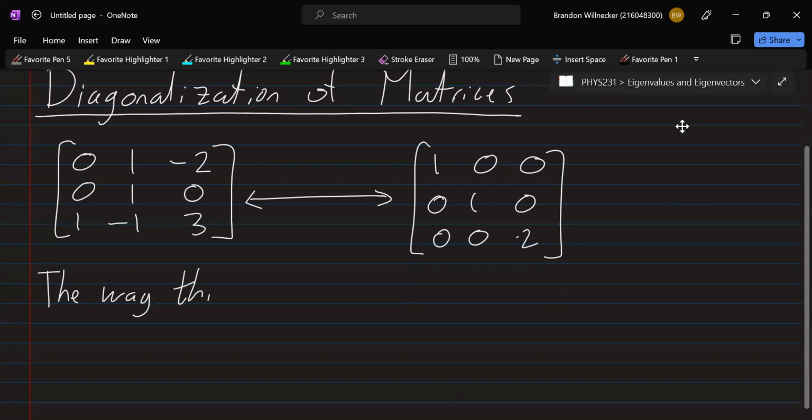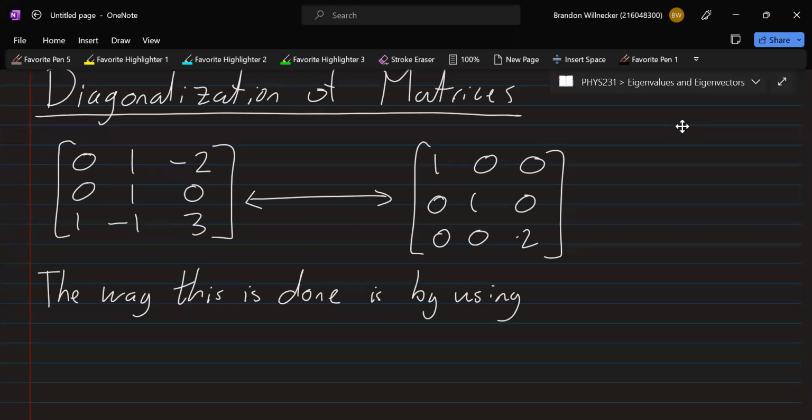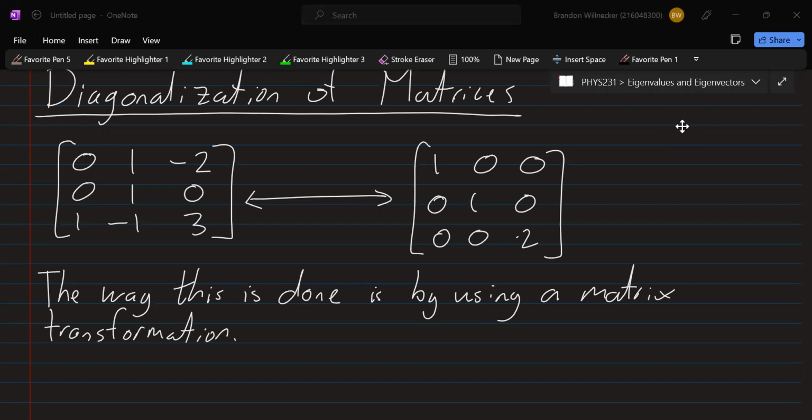So the way this is done is by using a matrix transformation. Okay, so we know how to do vector transformations.